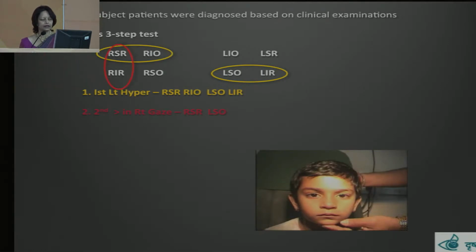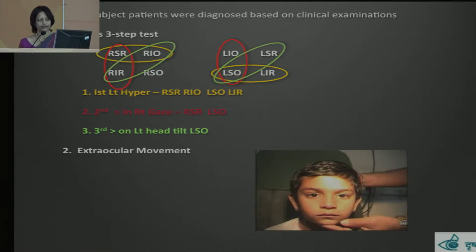And then we see when the hyperdeviation increases on head tilt to the right or left shoulder, which brings it down to a single muscle. So in this example, it would be the left superior oblique muscle.